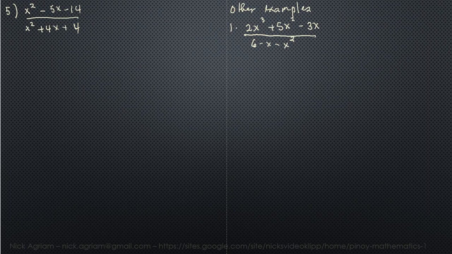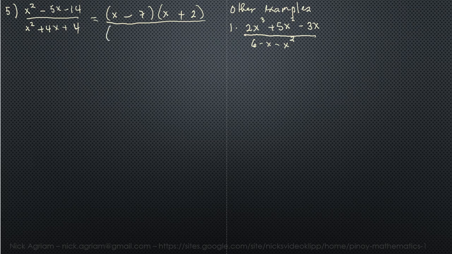Number 5. Let's see if we can do that also. x, all negative, 7 and 2, that's 14, and we have negative 5. So that means we have negative 7 and positive 2: negative 7 times 2 is negative 14, and negative 7 plus 2 is negative 5.